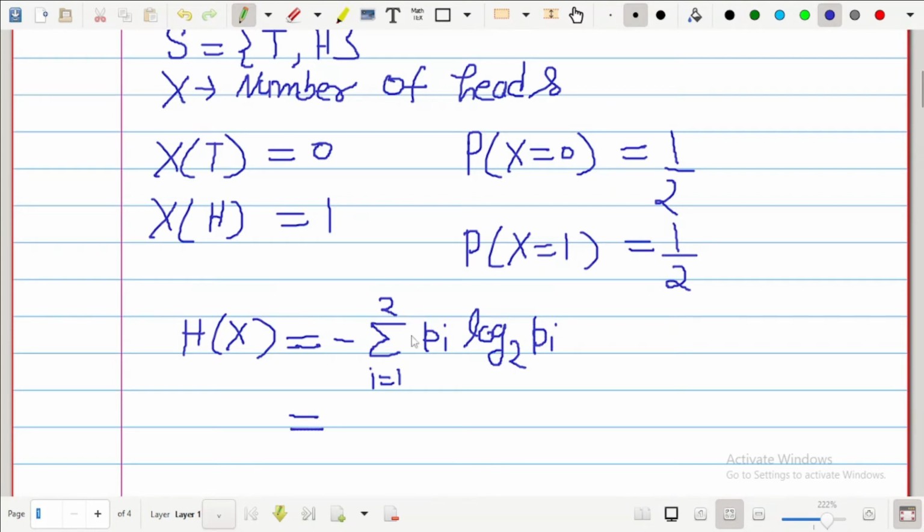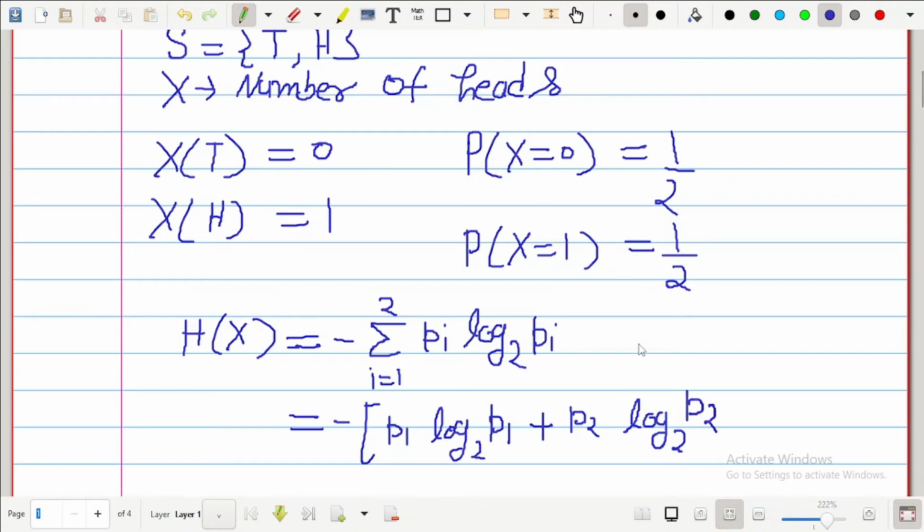Because there are two events, from 1 to 2, you can express it as minus p1 log base 2 p1 plus p2 log base 2 p2.